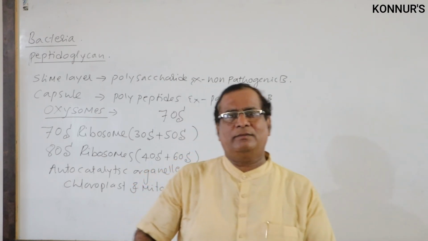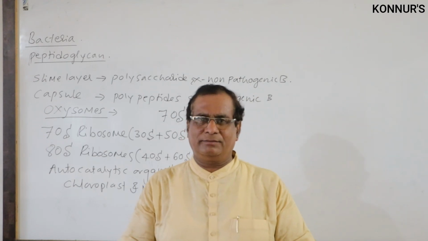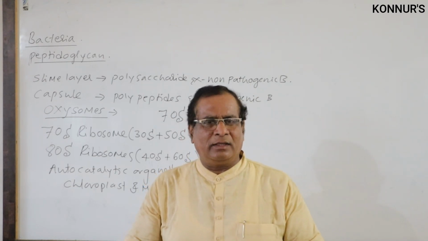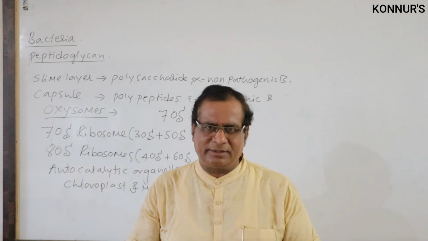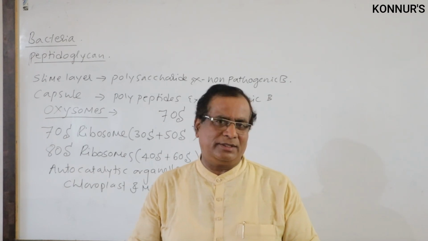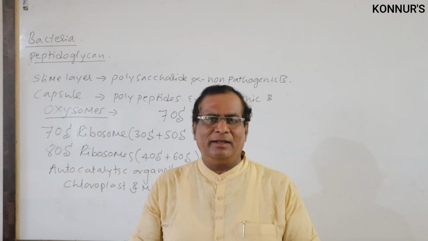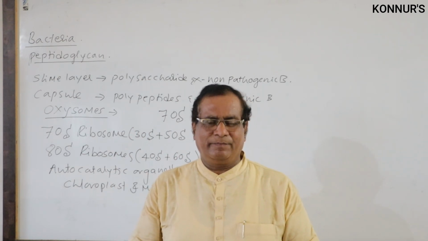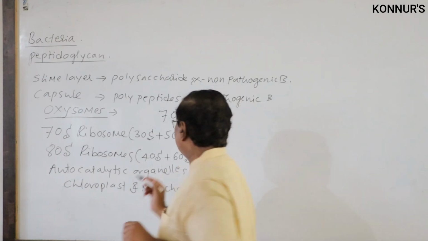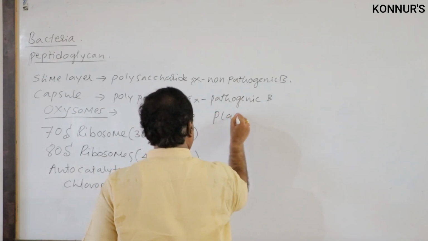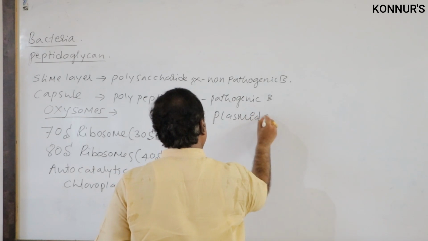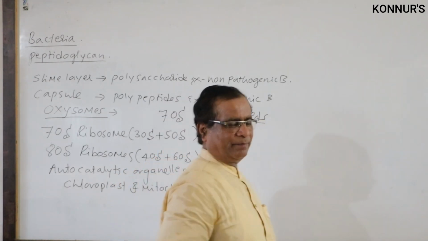In addition to this, there are very interesting things. They have made a revolution in cytogenetics. 1 to 100 circular double-stranded DNA structures are named plasmids.